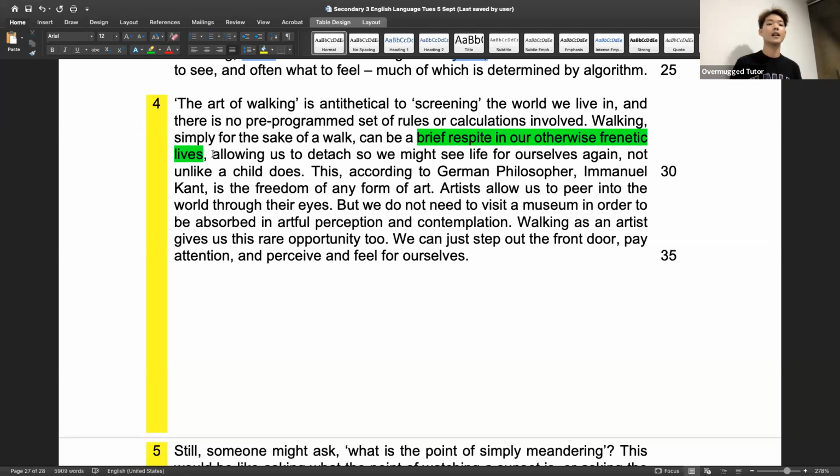Okay, and secondly, it allows you to detach. That's one. And after that, so that we might see life for ourselves again, not unlike a child does. So this is also part of it. So we might see life. This is one whole point.